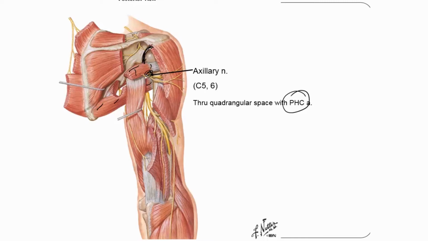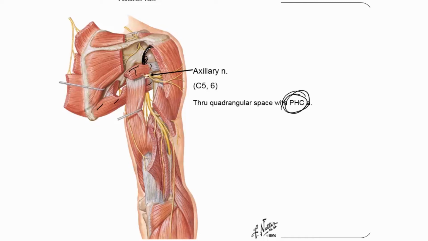That process of reduction, if not done carefully, can entrap the axillary nerve or the posterior humeral circumflex artery in the shoulder joint. So it does happen that it can be entrapped in there or damaged due to, again, the process of dislocation.